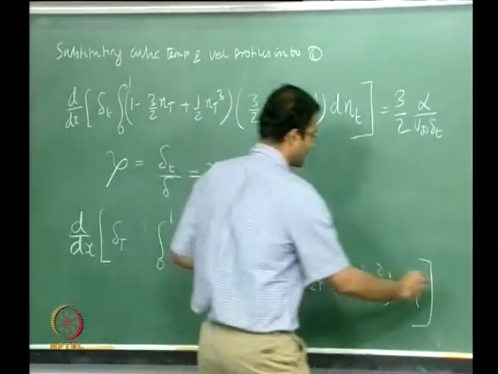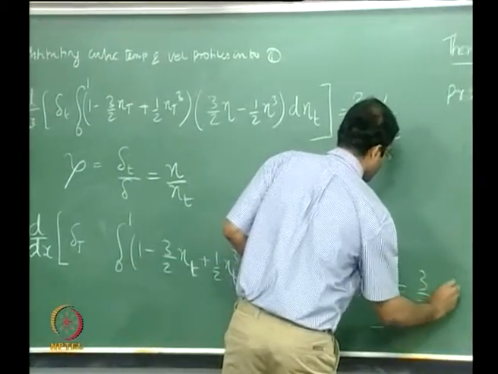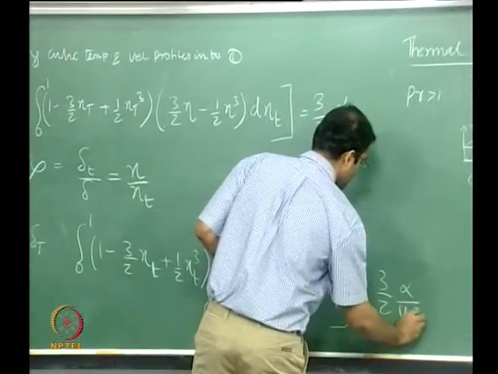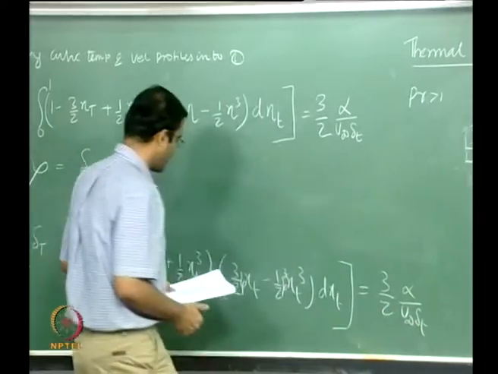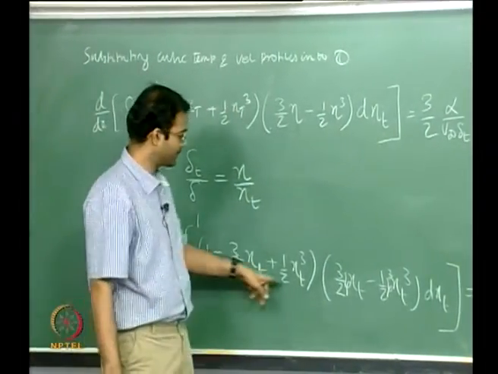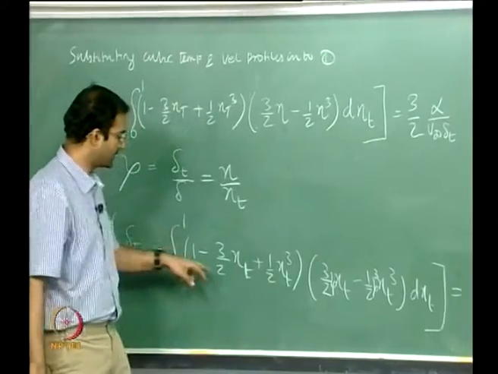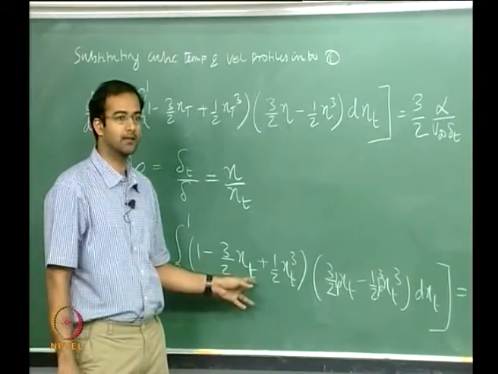On this side you can retain the terms as they are. Now you can integrate from 0 to 1 with respect to eta t.